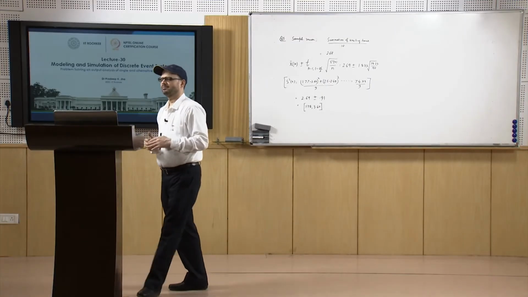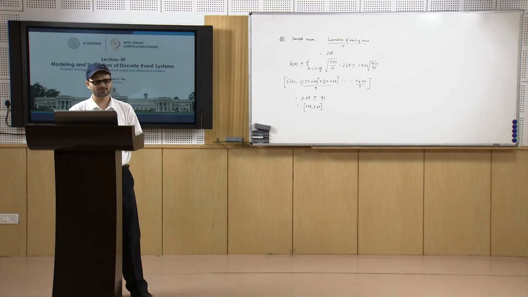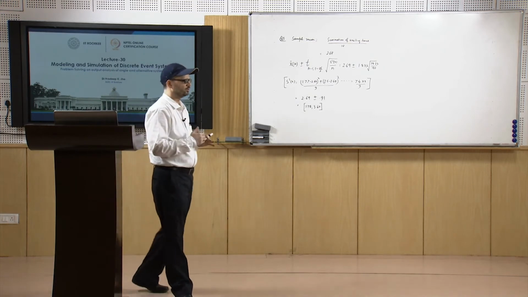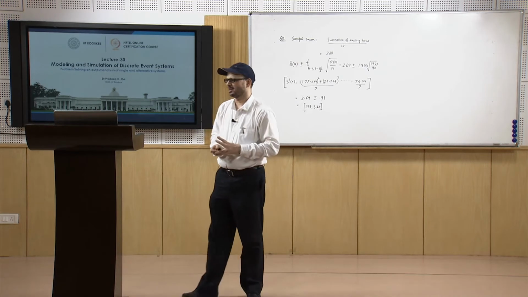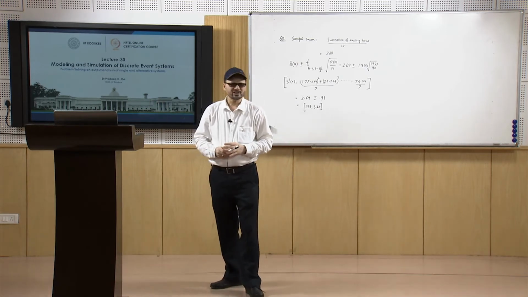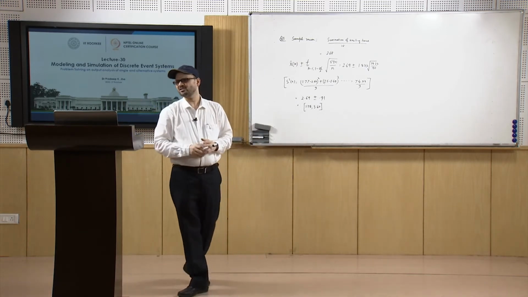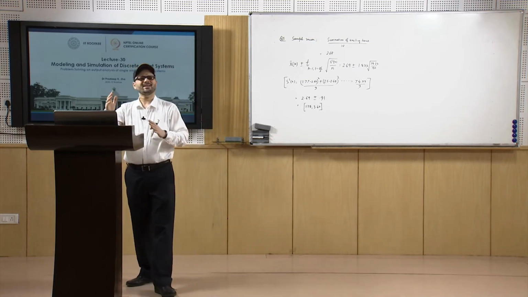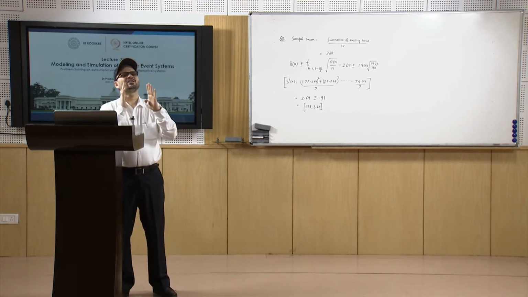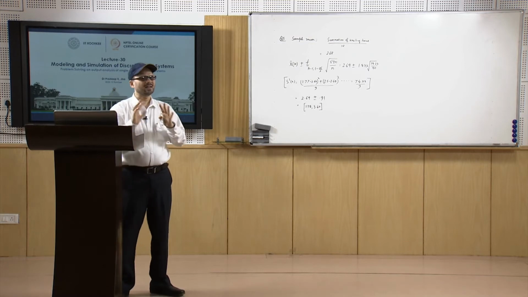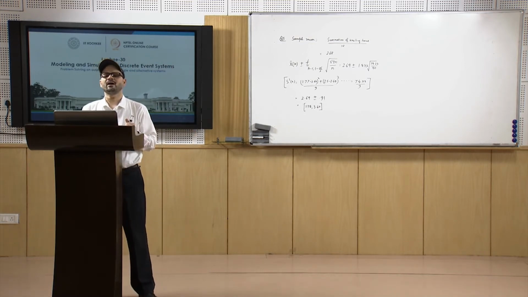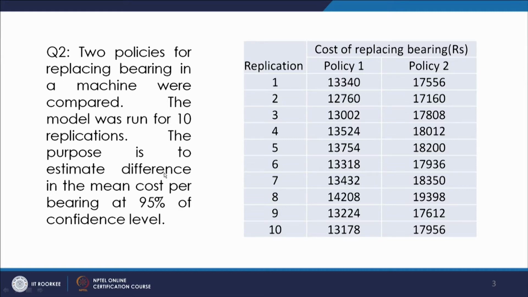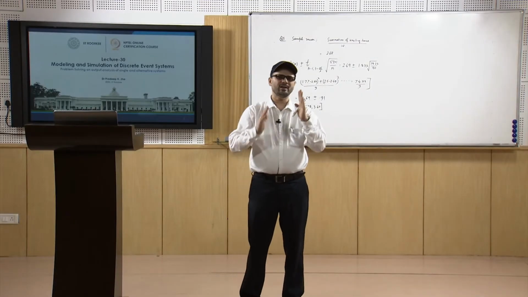So, we have earlier seen about such questions. In this what we do is we get the difference of these policies, and then we get the interval for that difference. So, we can estimate the difference in the mean, and then we can say that the difference is going to be something in between this and this.